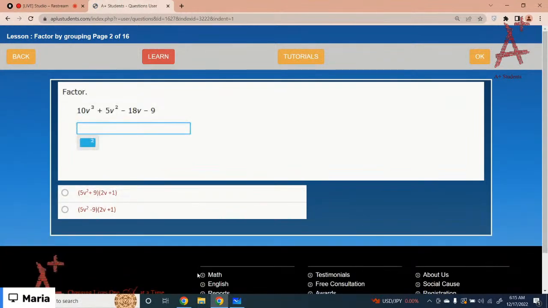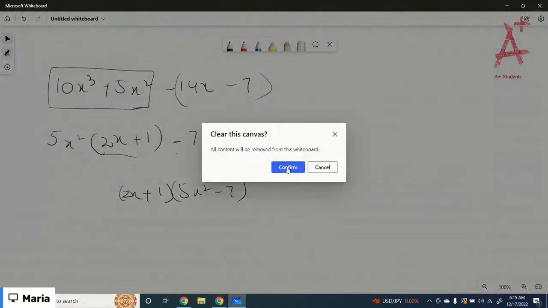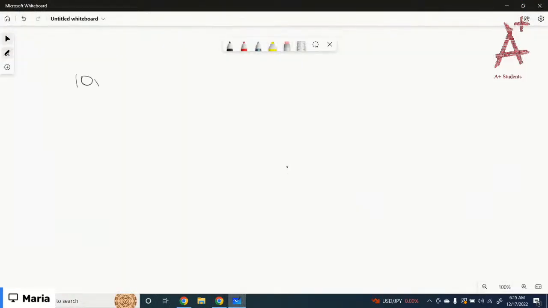Okay, the next one is 10v cube plus 5v square minus 18v minus 9. Okay, so from here, these two, we can take common 5v square and you are left with 5 times 2 is 10v and plus 1, because 5v square is outside the bracket.